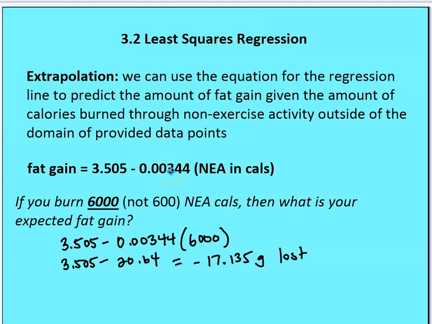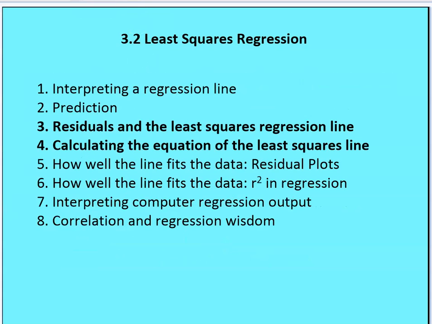So we don't have a value for something greater than 1,000. And sometimes we don't have specific values or data points, but we can use a line to predict where the fat gain value will be, or where the y value will be given the regression line.